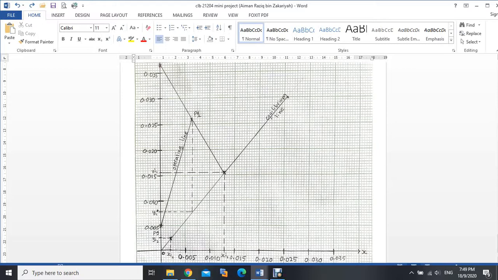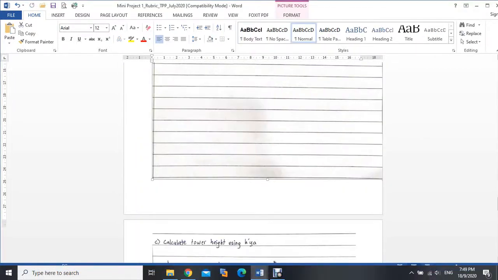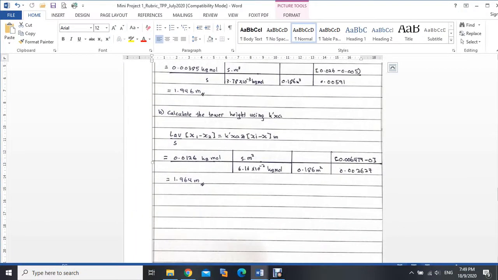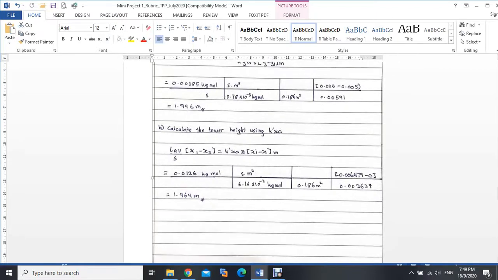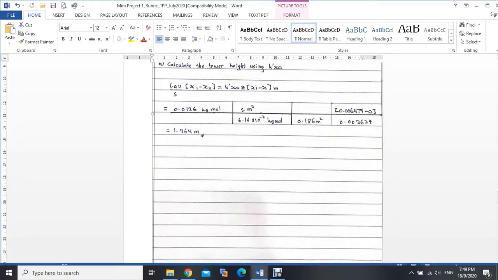So just substitute it into the equation, and we will get a value just a bit the same as the single mass transfer coefficient in liquid. Okay, both look very close, which is almost 2 meter.